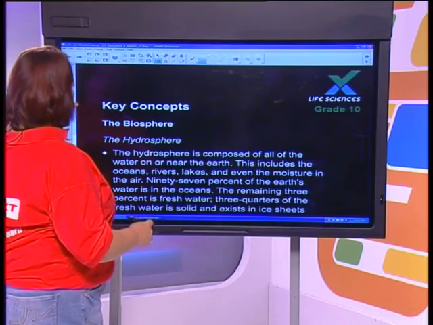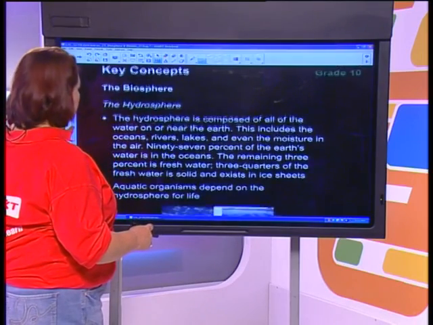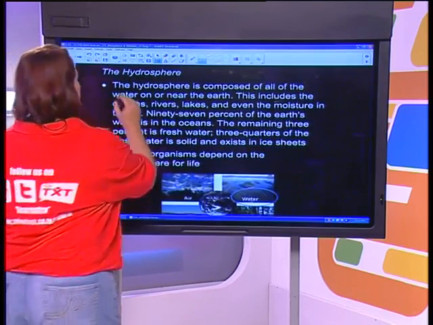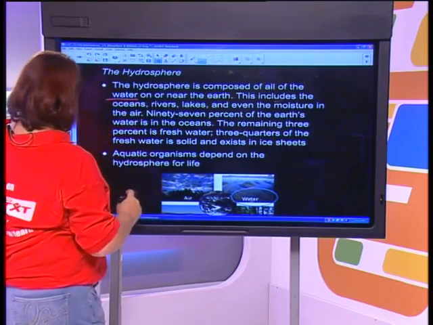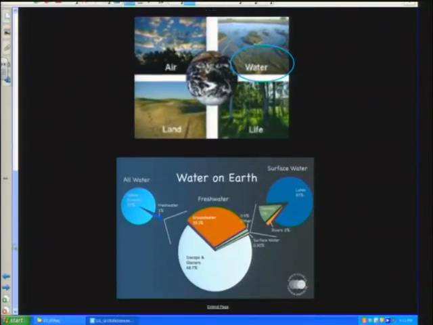Now the hydrosphere is water. Hydro is water. I'm going to show you this diagram at the bottom here. When we think of water, we don't always realize that nearly 70% of the Earth's surface is covered in water. So the hydrosphere has a great amount of biodiversity.